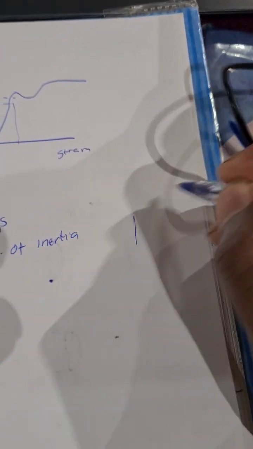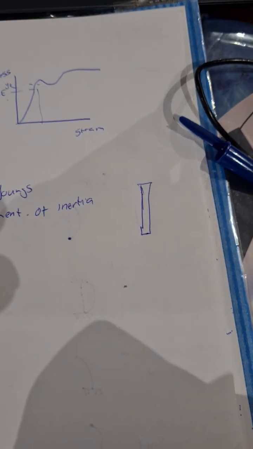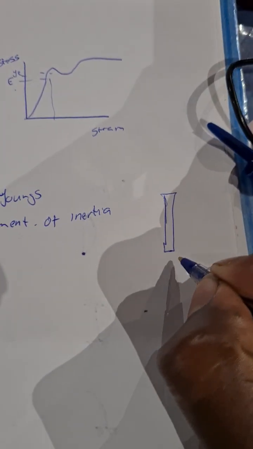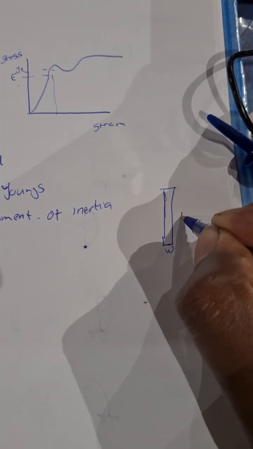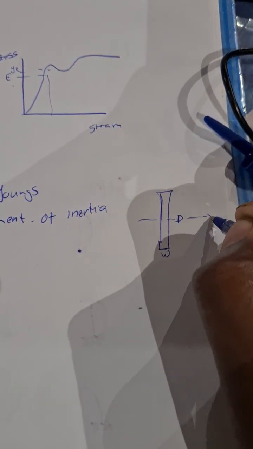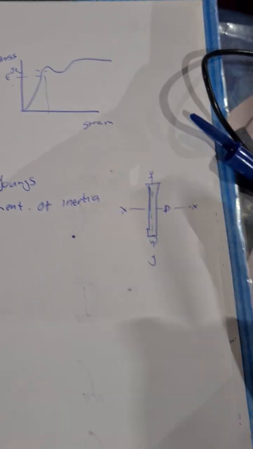Let me just draw it. So this is the ruler, and this is a cross section of this ruler. This is the width, and this is, let's say, the depth. Then we have moment of inertia, let's say IXX, and then we have IYY. It does not matter the orientation. If I like, I will even do this, right?